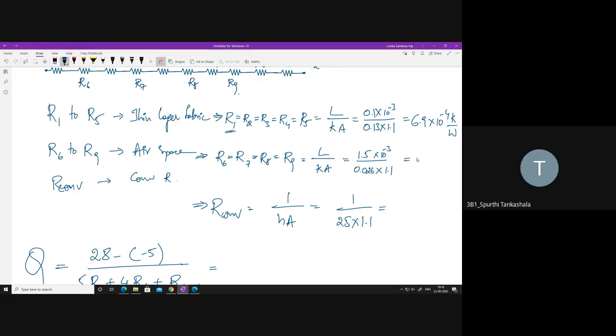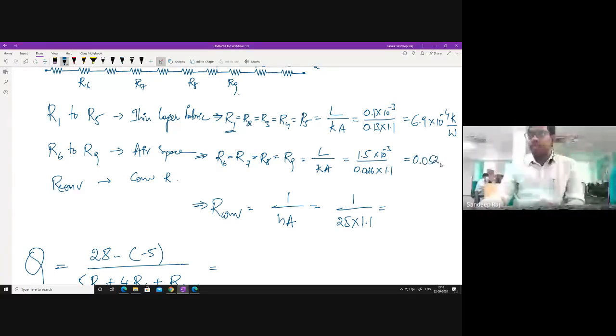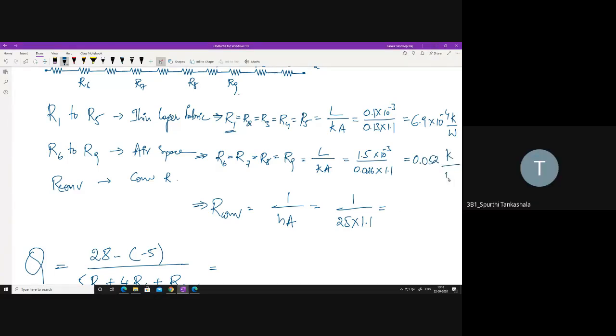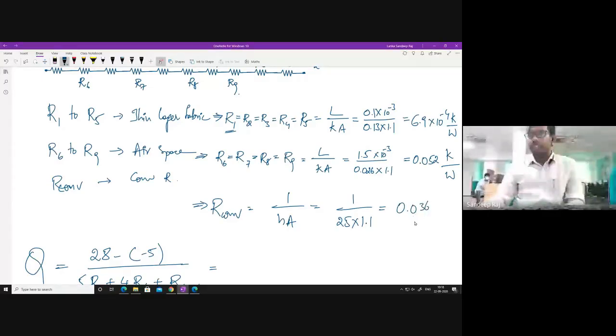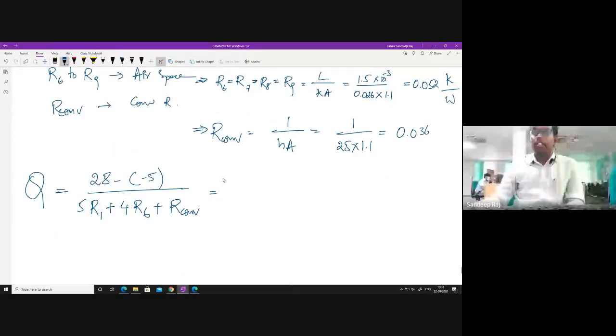Please tell me R6. It is 0.052. This one, 0.036. 0.36. Thank you. So substitute these values into this.